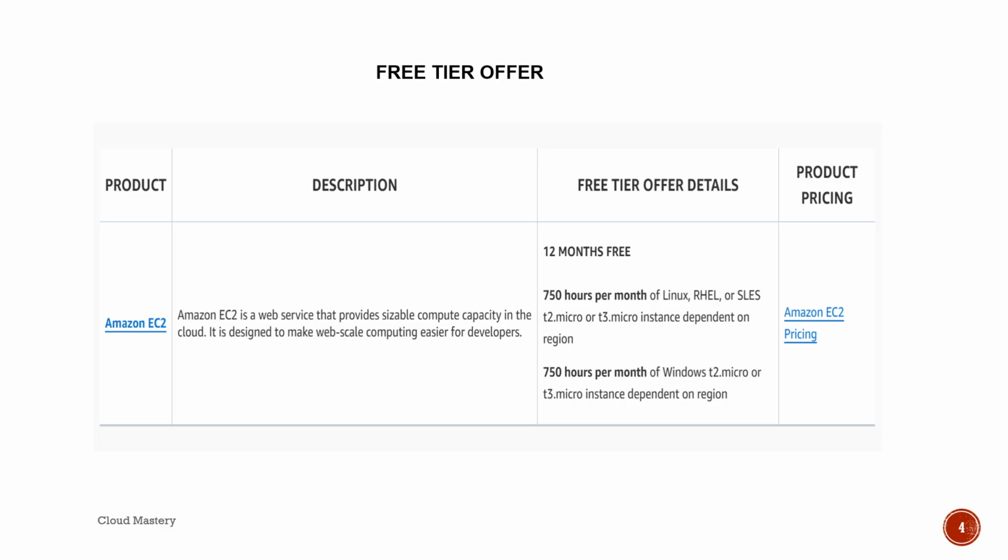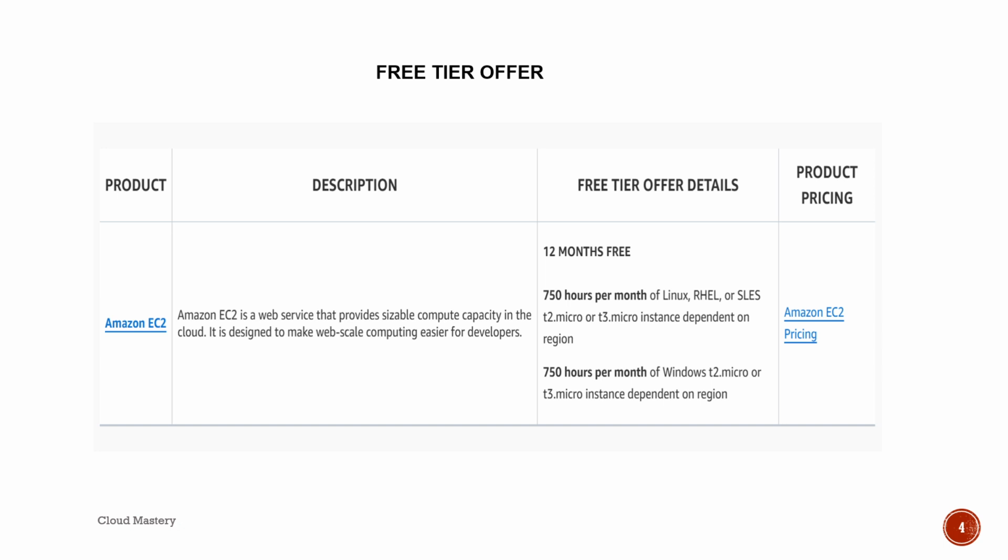These two instance types you can choose for Red Hat, and in a similar way you can use T2 micro and T3 micro for your Windows compute services as well. Both operating systems you can utilize for 750 hours in a year. So this is free of cost. You can create machines, try some use cases, and get administrator-type understanding. You can get these things from a free tier account.